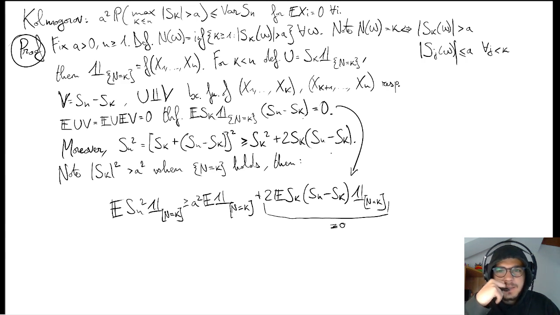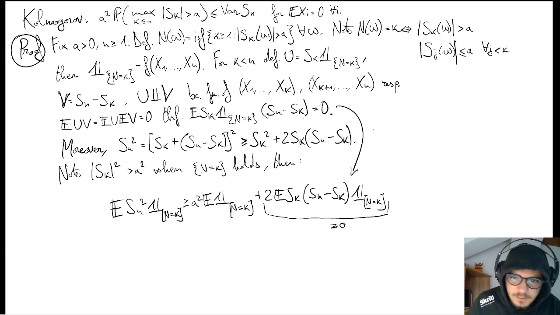They are independent. And so this is a squared times the probability that N equals k.